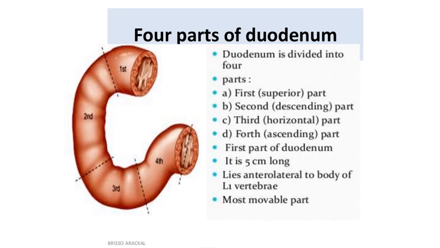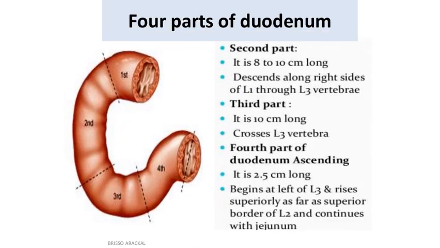The duodenum is divided into 4 parts: the first part or the superior part, second part descending, third and fourth part. The first part of the duodenum lies anterolateral to the body of L1 vertebra, the most movable part.